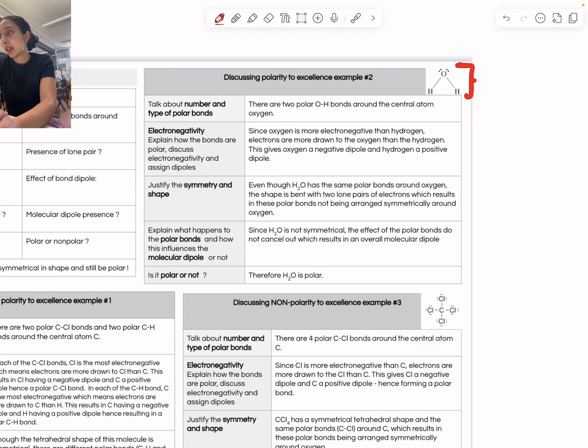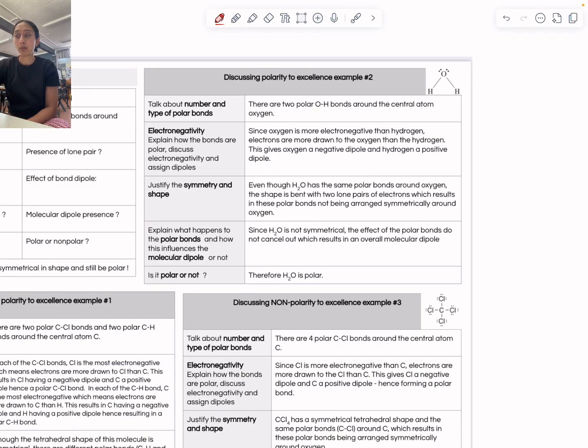I'm not going to fit that all in, but you get what I was trying to write there. Because this is unsymmetrical due to the presence of these lone pairs, even though it has the same polar bonds around it, this means that this is going to be a polar molecule, okay?